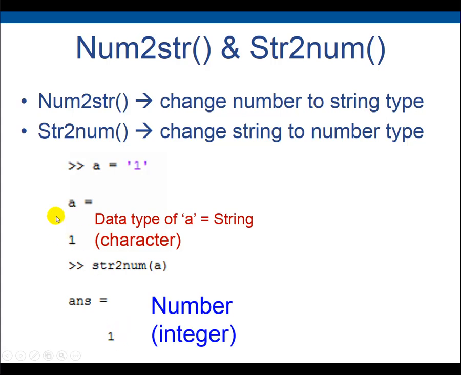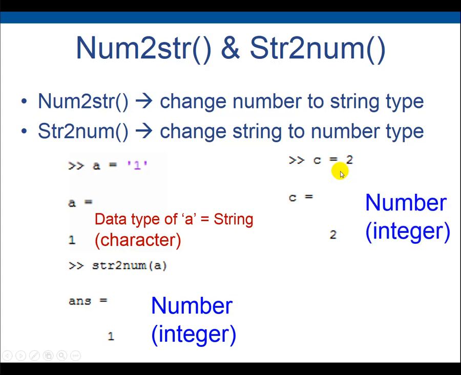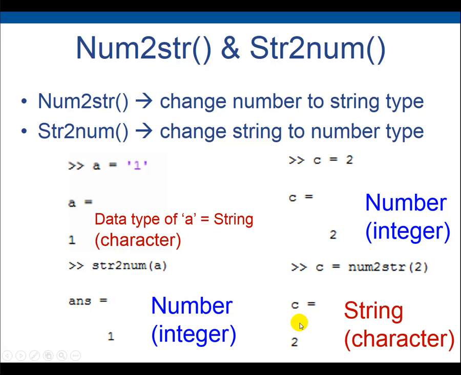But this one is a character. The opposite case, C contains the number 2, which is an integer, right? And we want to change it to the string type, so we use num2str of C, and then C contains 2 as a character. This is a string type.